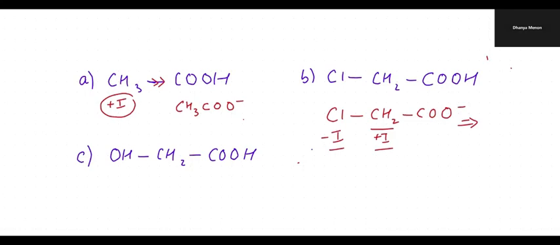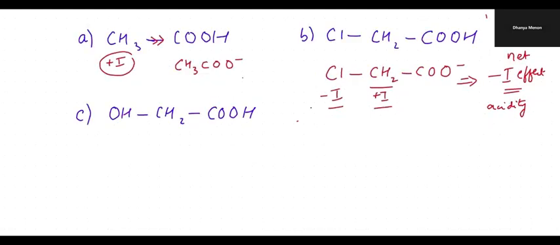Right. Now the net effect is that minus I effect will dominate over the plus I effect. So that means there is some acidity. Now, here in the third option, there is CH2 COO minus.